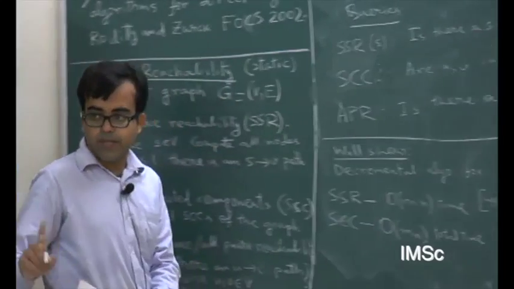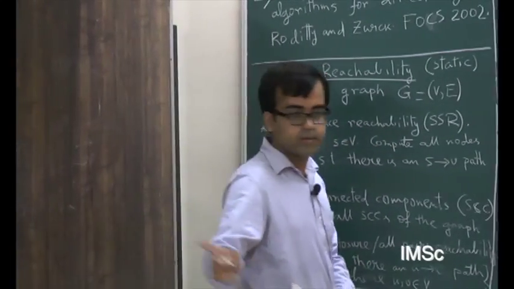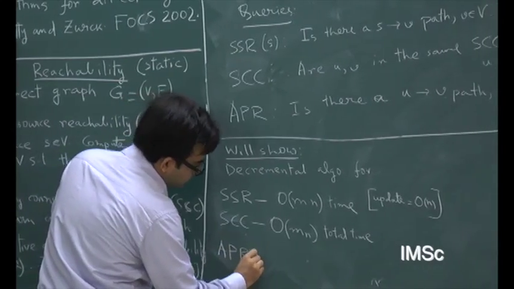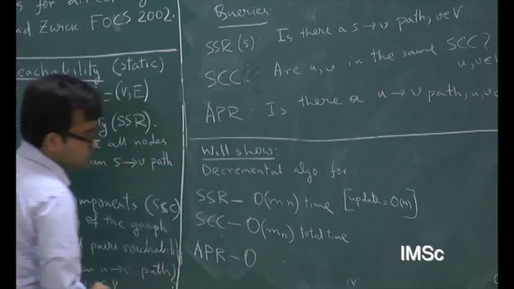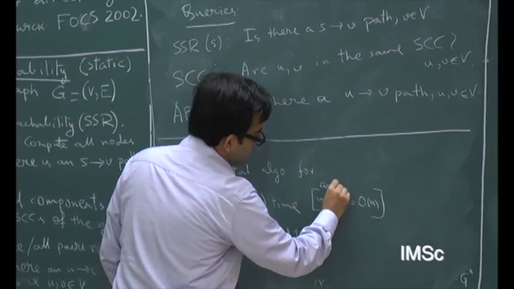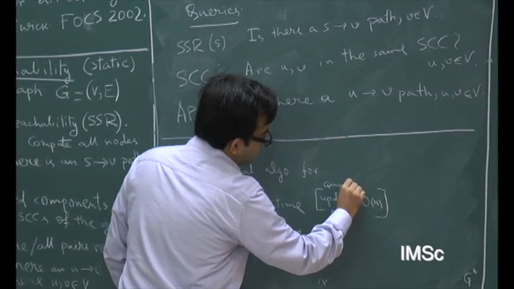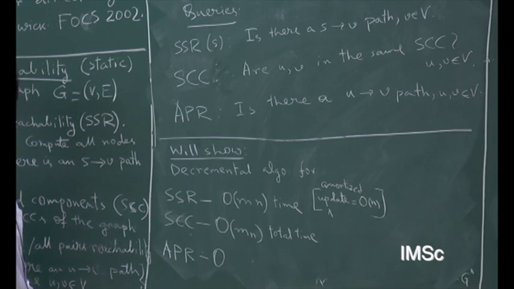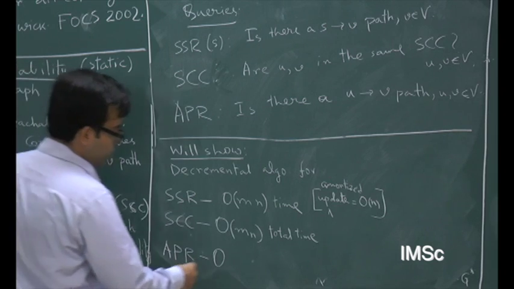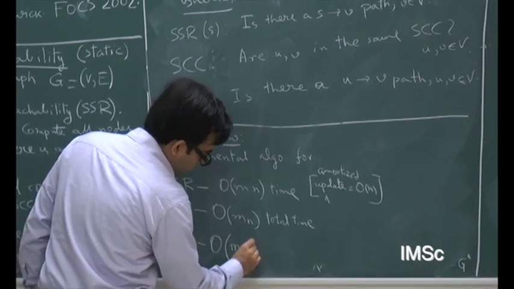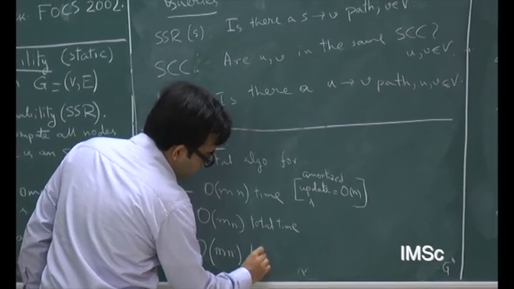For all pairs reachability, this is the total update time. As I said, the amortized update time is you just divide the total update time by m. And for all pairs reachability, we will also get the same total update time.